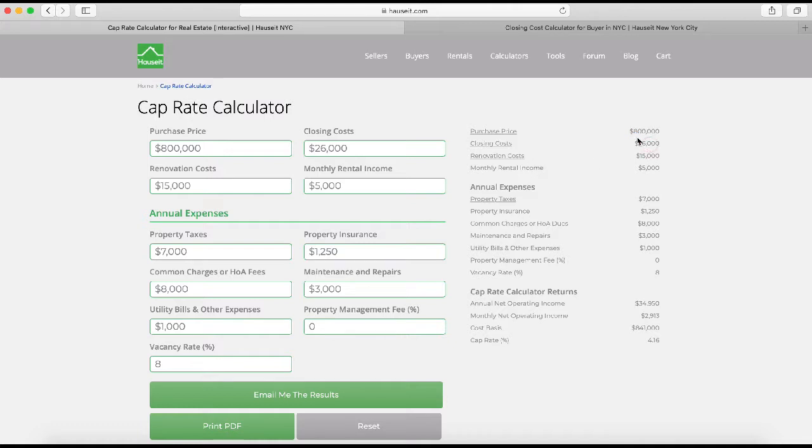So that's 826 plus 15, which exactly matches 841. Now for our monthly net operating income, this is computed by taking our monthly rental income and then dividing the expenses by 12 and then deducting that from the rental income.